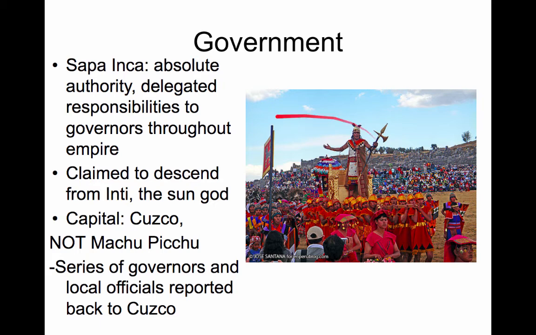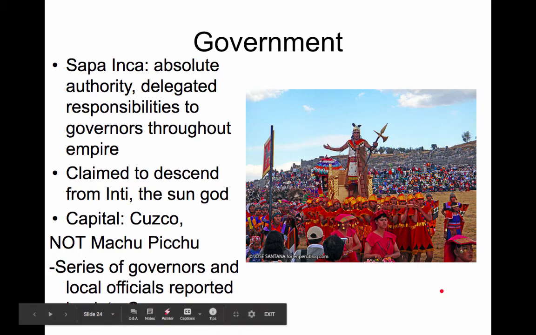And so when there were very difficult situations, the living Sapa Inca would ask for the mummies of the former Sapa Incas to be retrieved so he could consult with them. And so they would bring out the mummified bodies, go on like a parade with them, and then bring them to the Sapa Inca so he could ask them questions, almost like they're an oracle. So yeah, kind of cool, kind of dark.